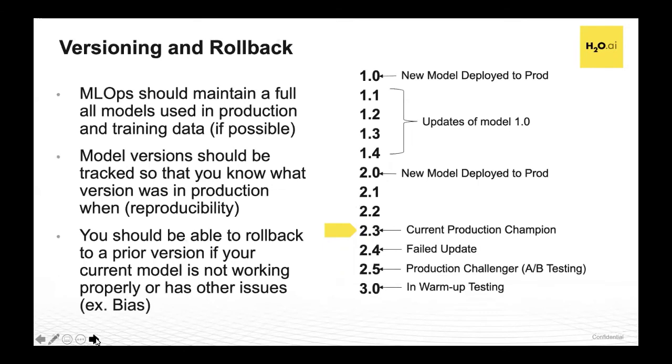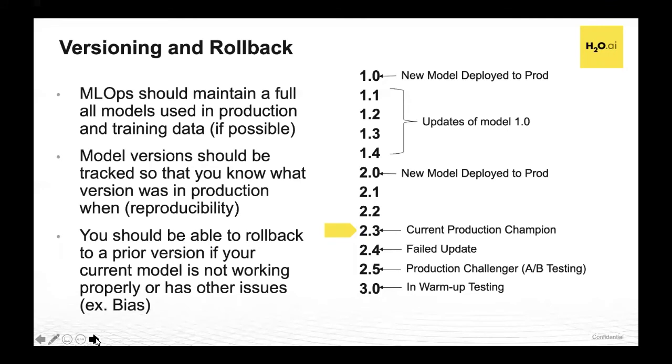So versioning and rollback of models is really, really important in MLOps for a variety of reasons. First, when we put things into production, we need to maintain a full history of what was going on in production. If I put a model into production and then I replace it with a new model, what we don't want to happen is the old model artifact just gets thrown out.